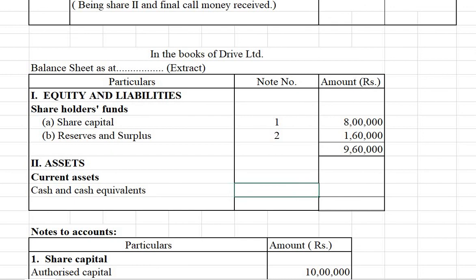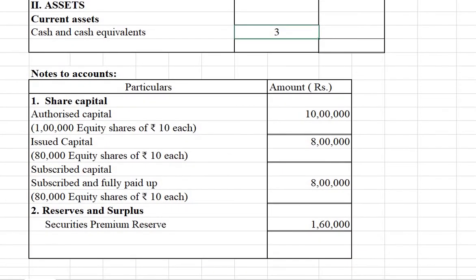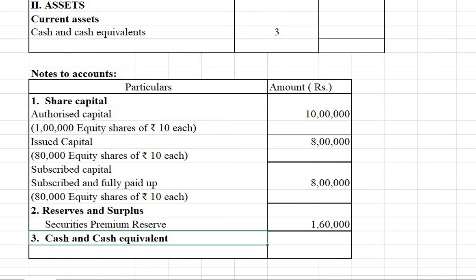For that also we will prepare a note to account, that is note to account 3. That note to account is ready here, note to account 3, cash and cash equivalent. In that, what is cash and cash equivalent here? Here the cash equivalent is the bank amount received. That means money received in the bank for issue of shares.